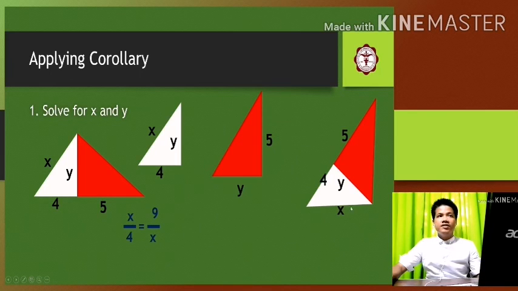So X is to 4 is equal to 9, that is 4 plus 5, is to X. To solve for X is to apply the cross multiplication. So we will have X squared equals 4 times 9, that is 36. Getting the square root of both sides to solve for X, we will have X is equal to 6.